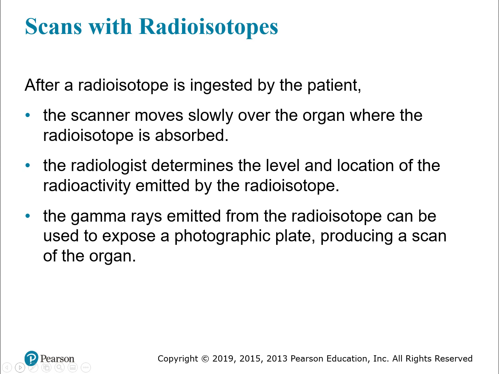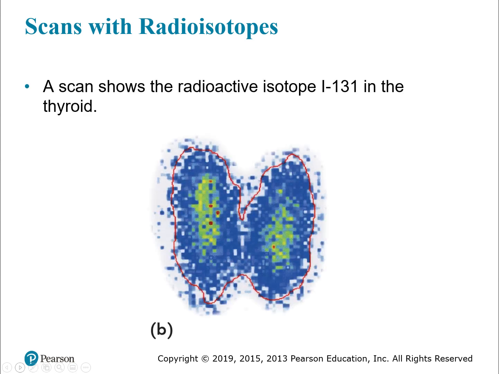The radiologist determines the level and location of the radioactivity emitted by the radioisotope. If there are gamma rays emitted, then you can expose a photographic plate and produce a scan of the organ. Here's an example of a scan showing the iodine 131 in the thyroid.